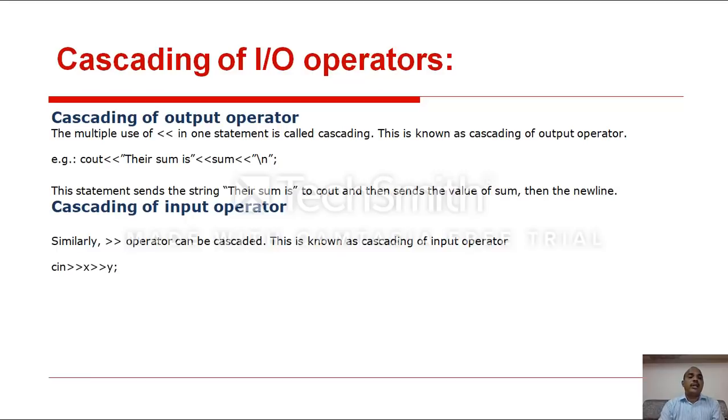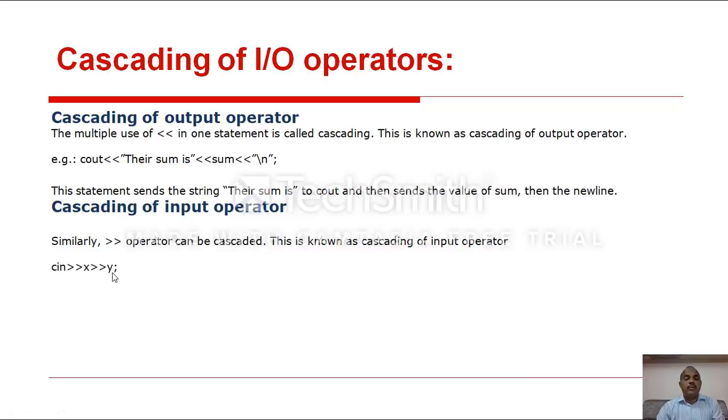Clear? Now, cascading of the input operator. Similarly, if we want to read more than one value from the keyboard using a single cin statement, we go for cascading of the input operator. For example, cin, extraction operator, x, extraction operator, y.